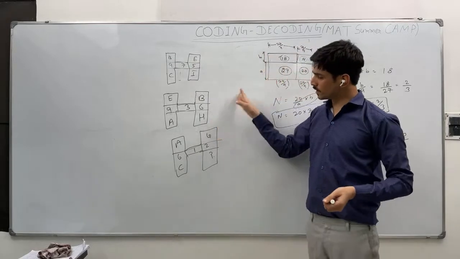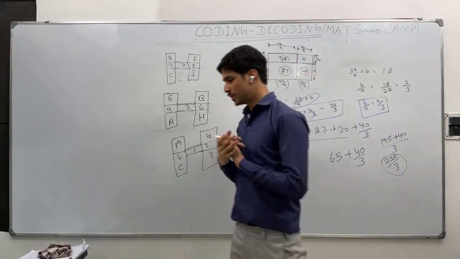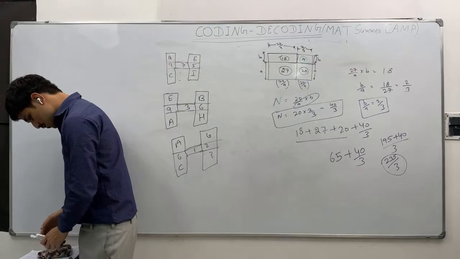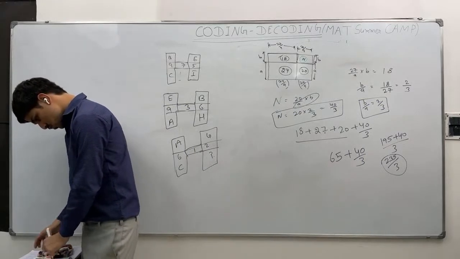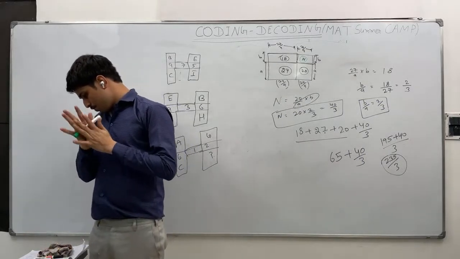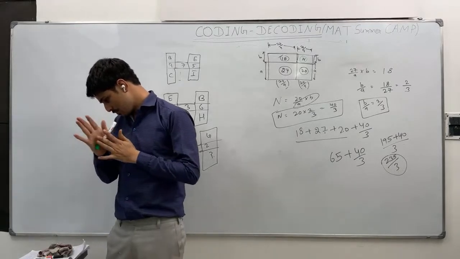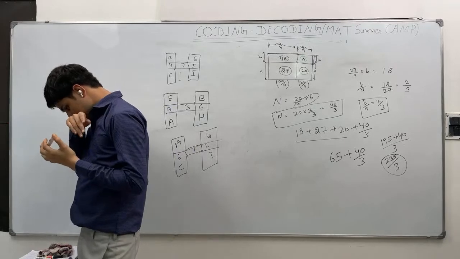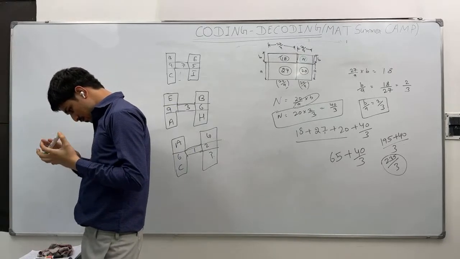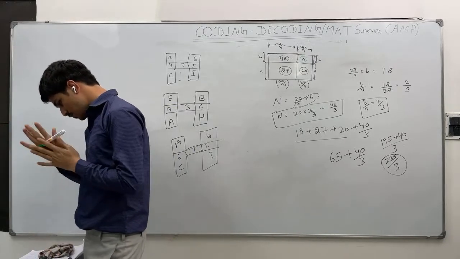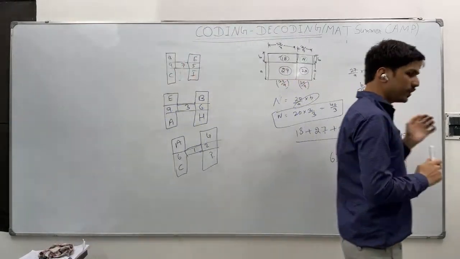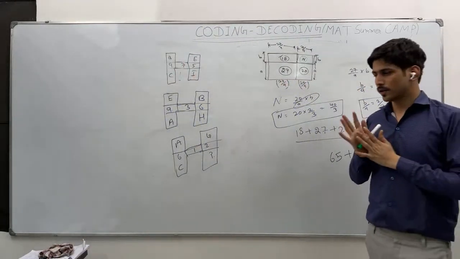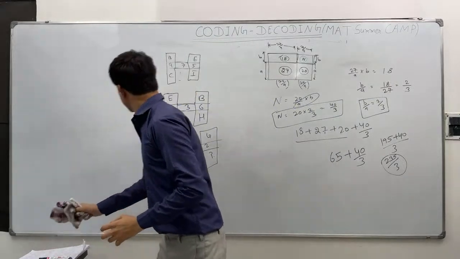Using that same pattern, we have to tell what number will come here. Try. Think. It's not that difficult. It's simple only. Let's say you can try something.